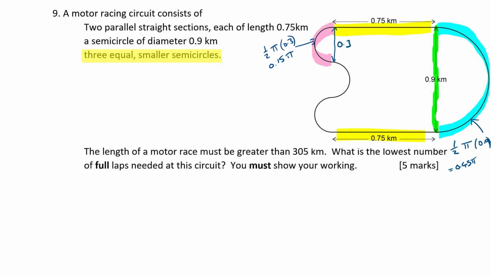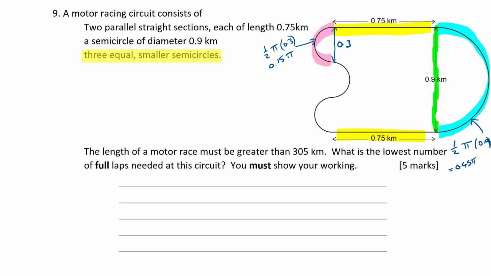So the length of one lap is going to be my 2 lots of 0.75 kilometers, my 0.45 pi for the larger semicircle, and 3 lots of 0.15 pi for my 3 smaller semicircles.